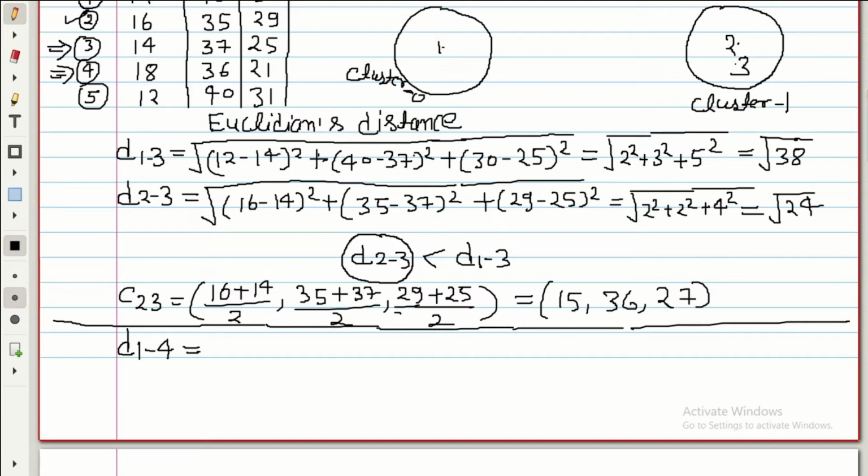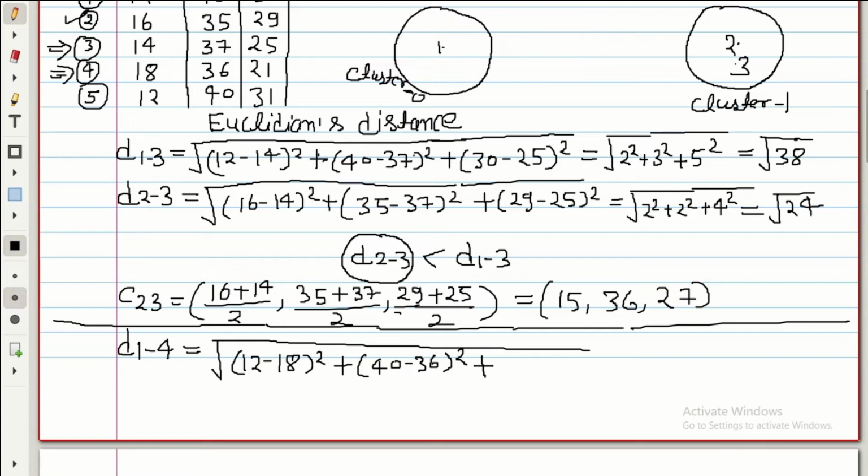You will use Euclidean distance again: under root 12 minus 18 whole square plus 40 minus 36 whole square plus 30 minus 21 whole square, and that would be equal to under root 133.